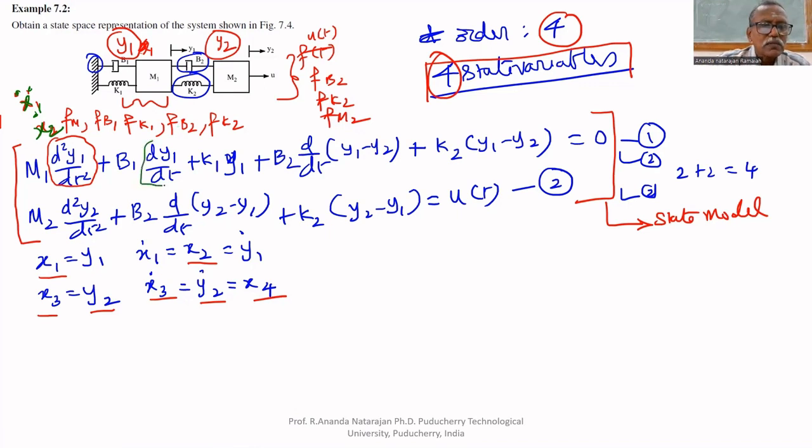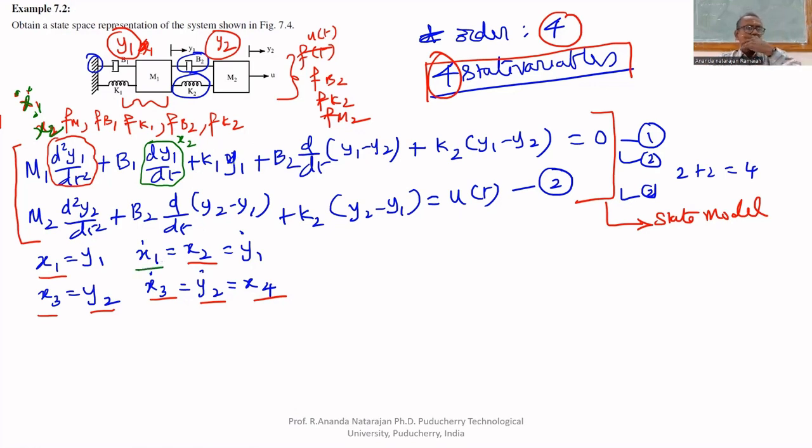This is Y1 dot. Y1 dot equal to X2 or X1 dot.